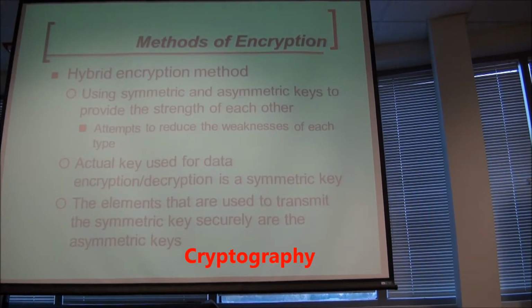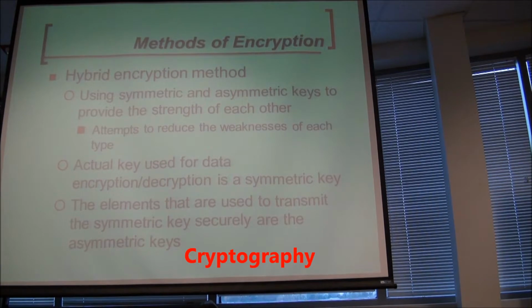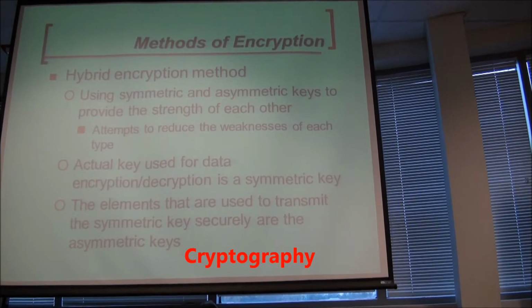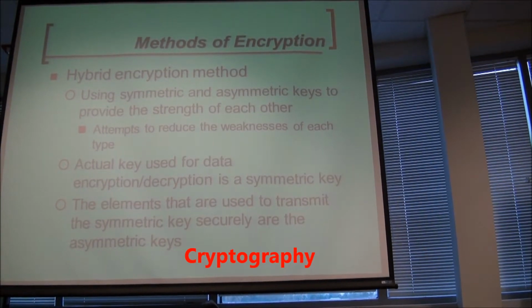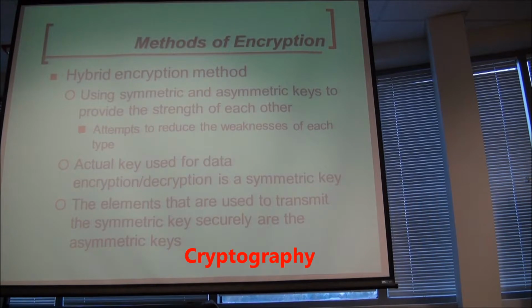Then you've got the hybrid. This is when you combine symmetric and asymmetric. The actual key used for the encryption and decryption is the symmetric key, and then you use asymmetric to protect the infrastructure so that you can transmit that symmetric key securely. In some cases, you'll see this referenced as a digital envelope.